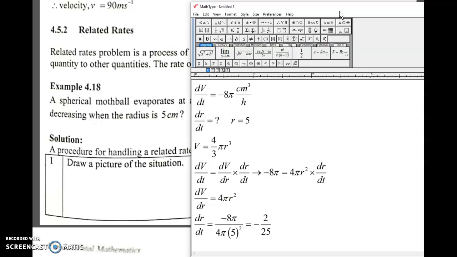What is the rate of change for this answer? Go back to the derivative, dr over dt. The radius here is in centimeters, and t here is in hours. So hence the answer is negative 2 over 25 cm per hour. So that is for the first one.